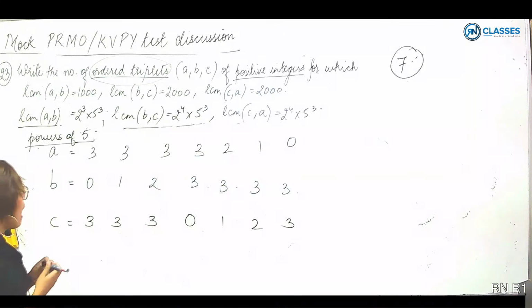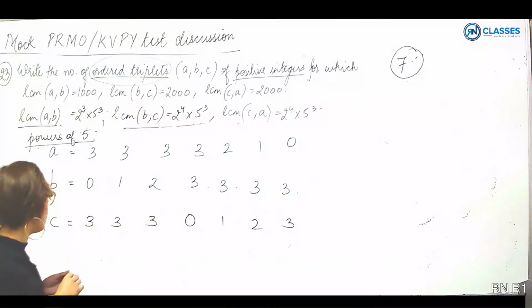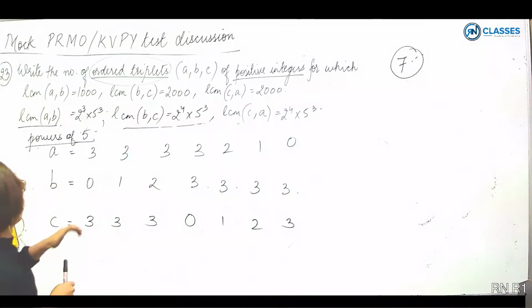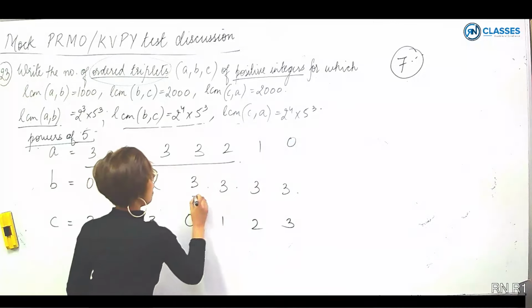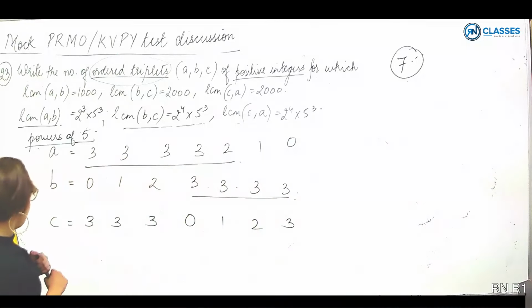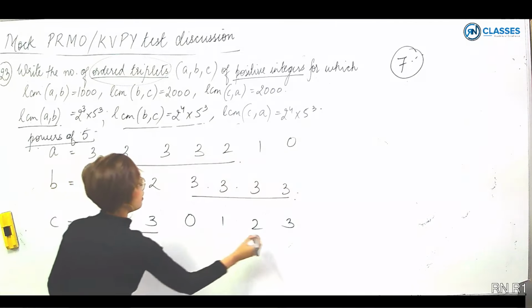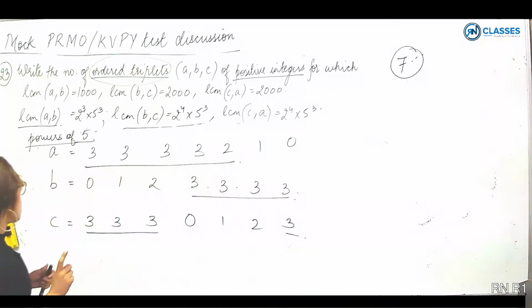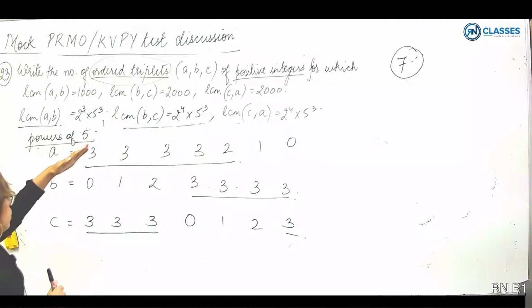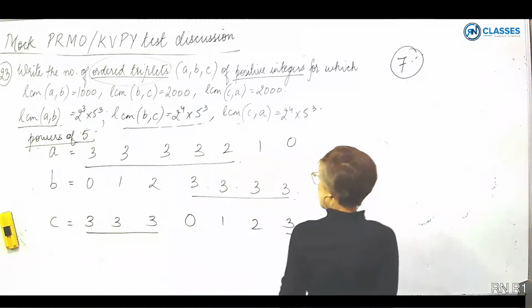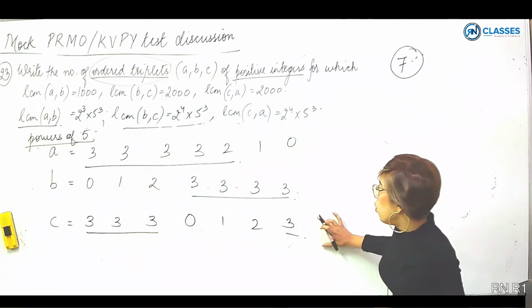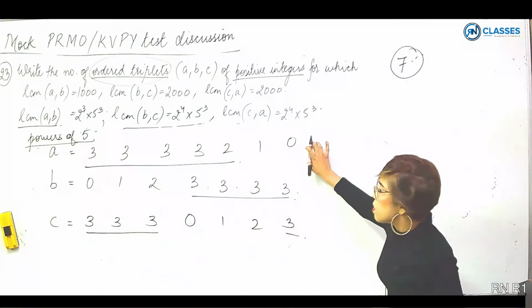Now, do you think I have exhausted all the cases? Let's see. I think we are missing one case, or maybe a few cases for that matter. The thing is, we had 3 over here, then we had 3 over here, and some powers of 3 over here. What cases are we missing? Let's figure it out. Maybe I can have more of 3 over here because then I can vary this as well.